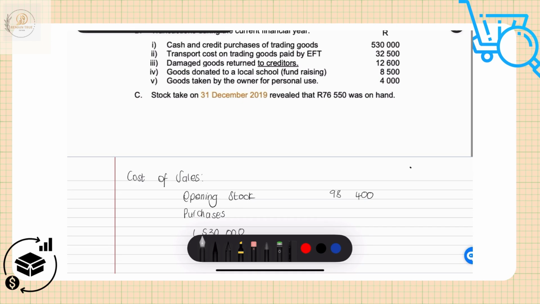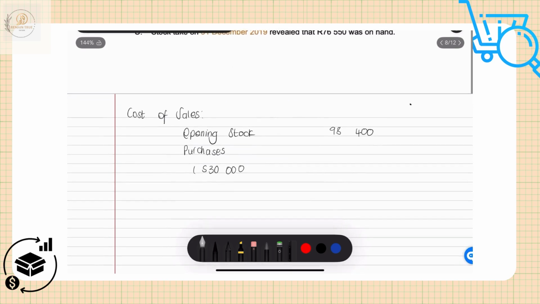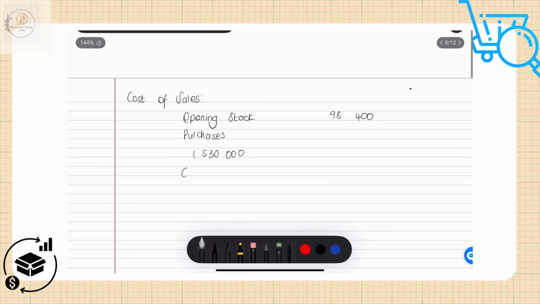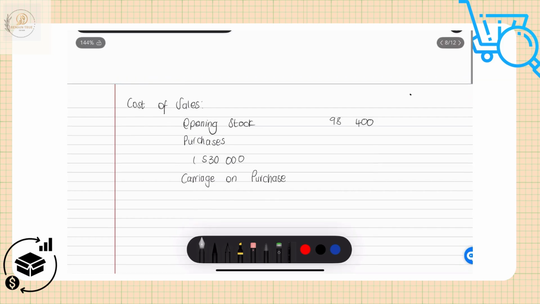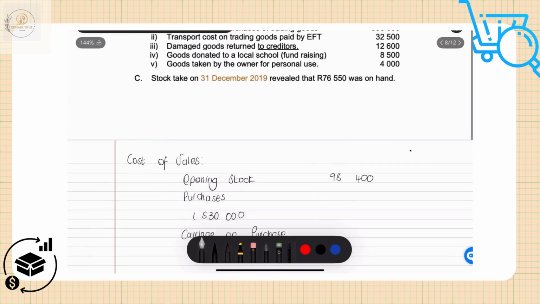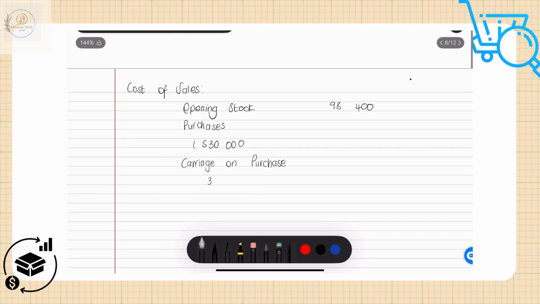So these are the costs required to bring trading stock to our current location. So this is carriage on purchases. Let's go back. What amounts do we have for those? We've got 32,500.